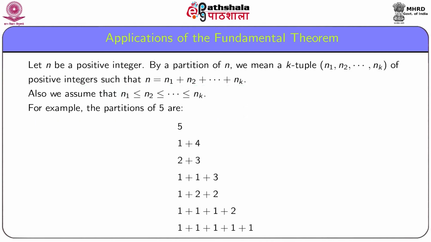For example, the partitions of the positive integer 5 are 5, 1 plus 4, 2 plus 3, 1 plus 1 plus 3, 1 plus 2 plus 2, 1 plus 1 plus 1 plus 2, and the sum of 5 ones.